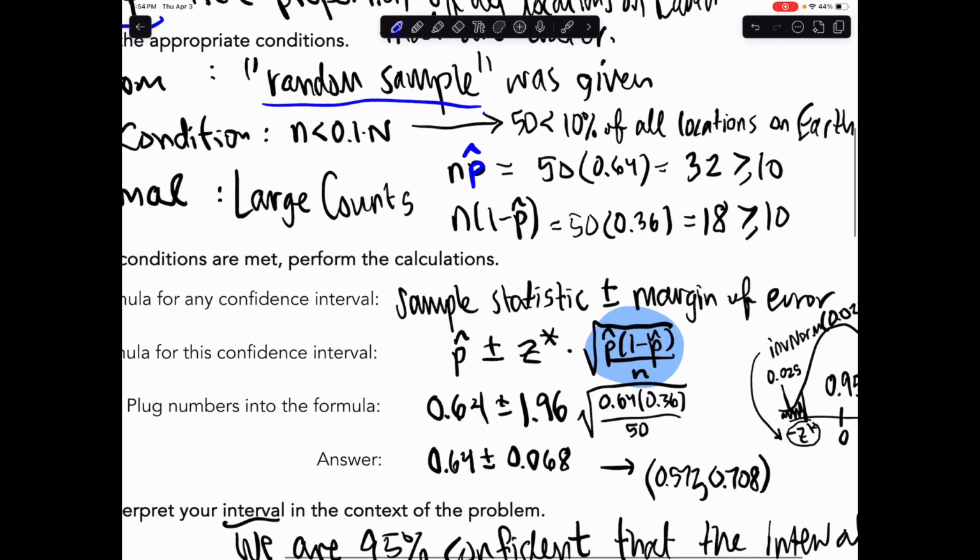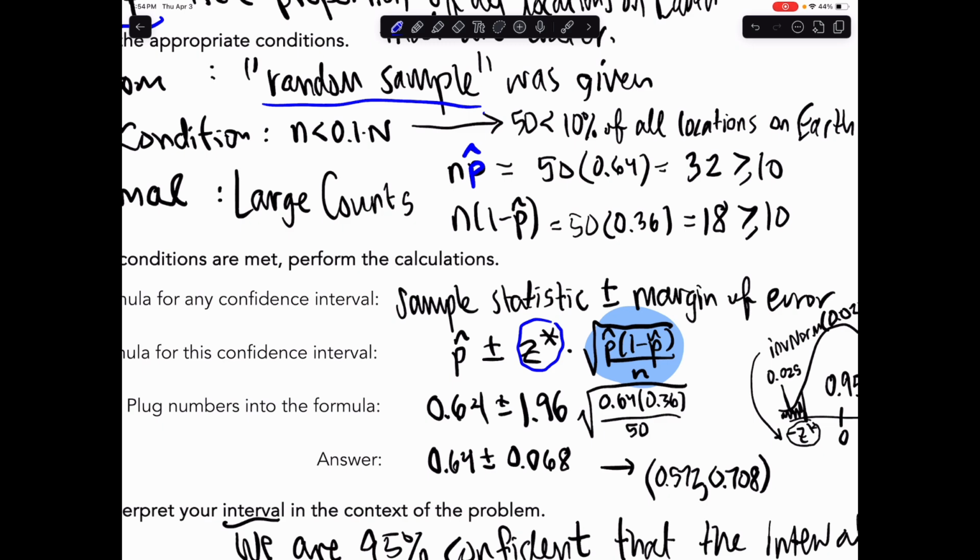So this is the formula for a confidence interval for P. Okay, so this Z star is something that we haven't talked a lot about, but Z star is the number of standard deviations you need to go out to capture the interval.